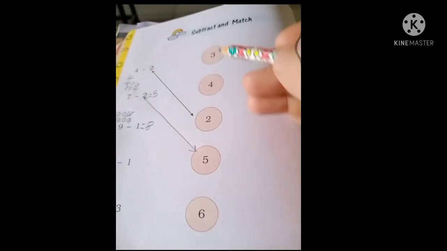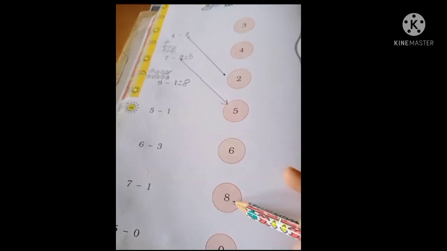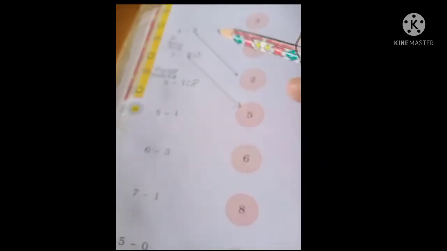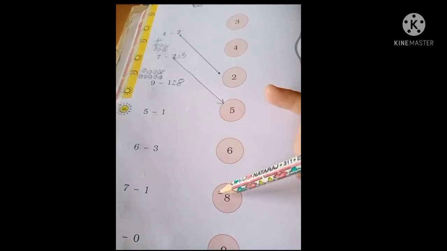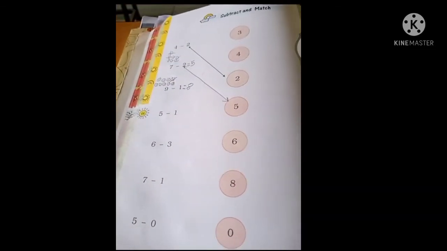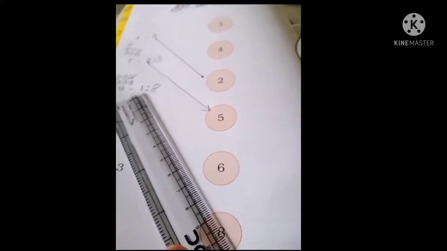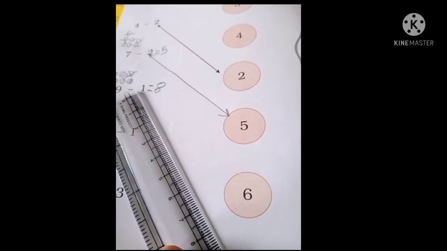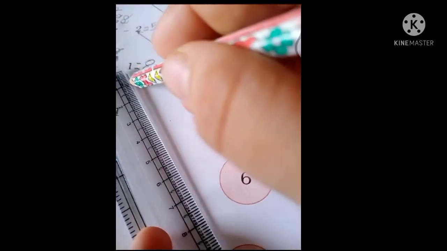So now here we have to search where is number 8, students? Here. So 9 minus 1 we have to match with this 8 by putting a scale like this. आपको ऐसे scale put करनी है and then you have to draw a line like this. Can you see?